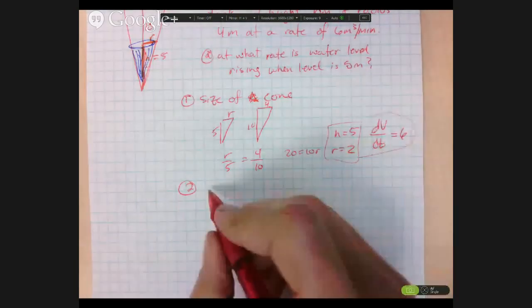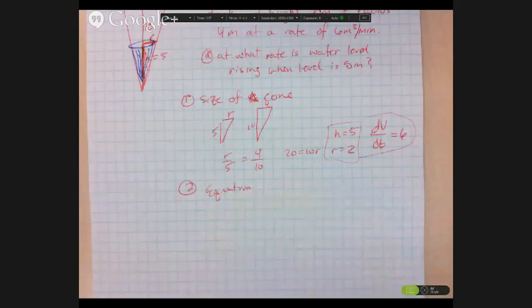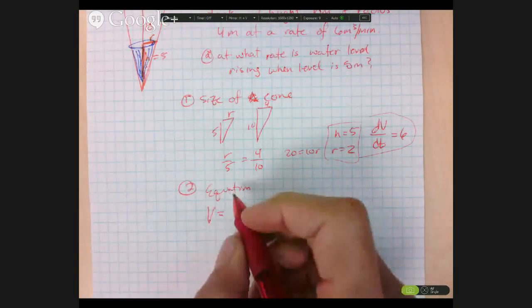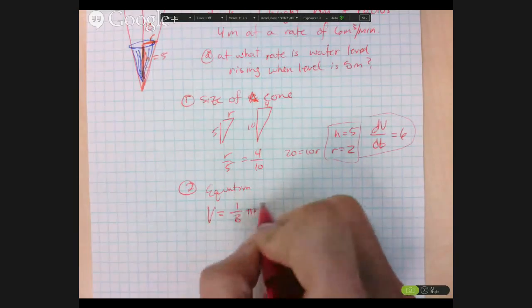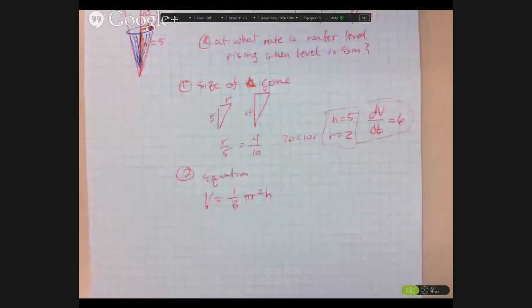Okay, what's my equation? Yeah. Cone volume? A third pi r squared h. It's a cylinder times a third.